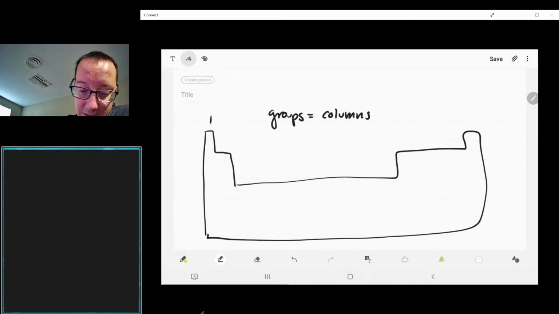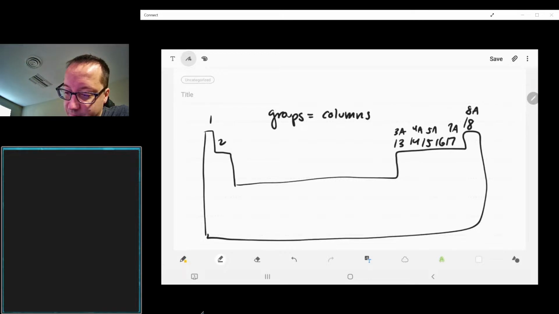Some people will label them 1 through 8 like this. Sometimes you'll see 13, 14, 15, 16, 17, and 18, or something like 8A, 7A. It just depends on your periodic table.